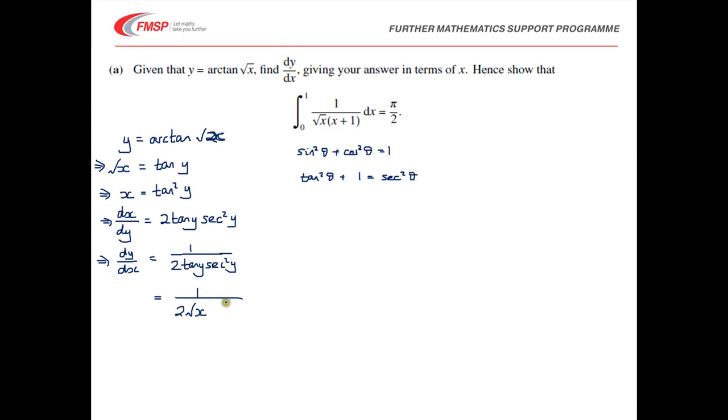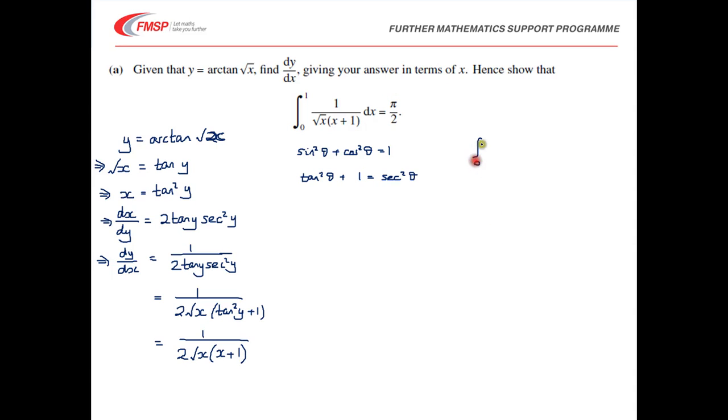So sec squared is tan squared plus 1. So we'll write that in, tan squared y plus 1. And tan squared y is equal to x, so that gives me 1 over 2 root x, x plus 1. So I've found dy by dx, giving my answer in terms of x.